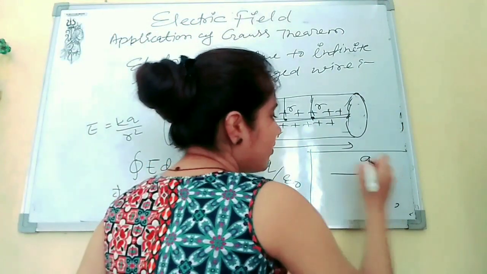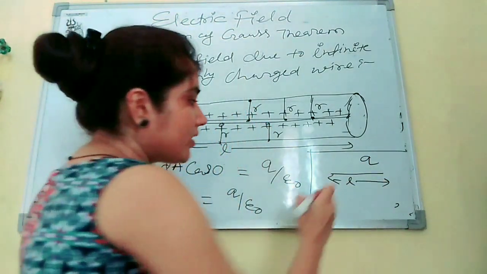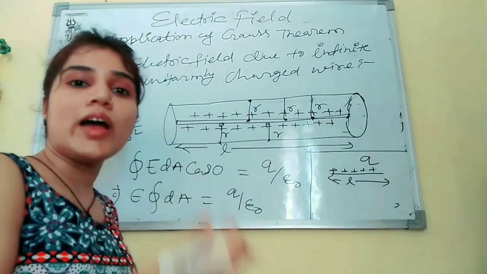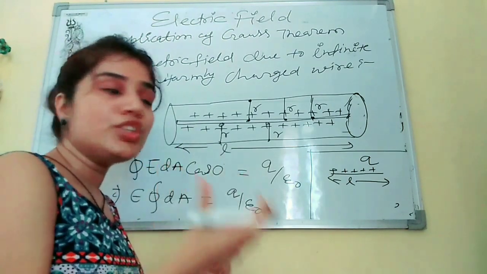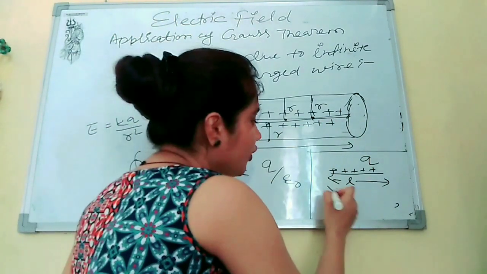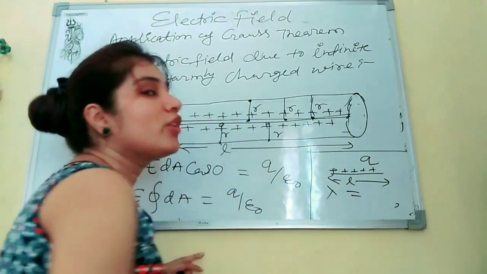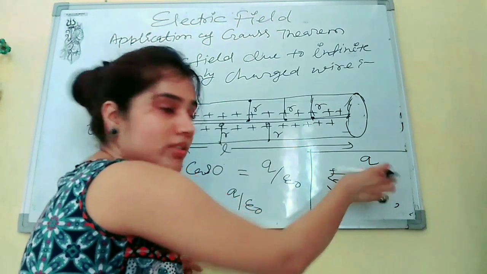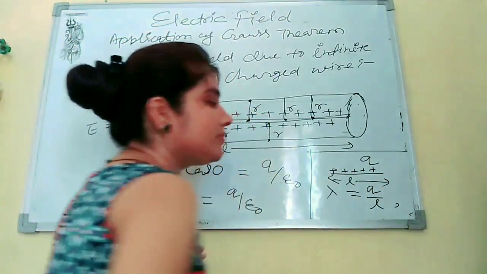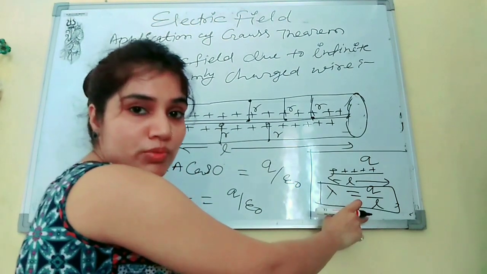Suppose we have a wire, it has some length and the charge is distributed uniformly. So charge density describes the accumulation of the charge in any field. If we denote it by lambda, that is charge density. For uniformly distributed charge, lambda is Q by L. Okay, this is the first condition, for the linear distribution.